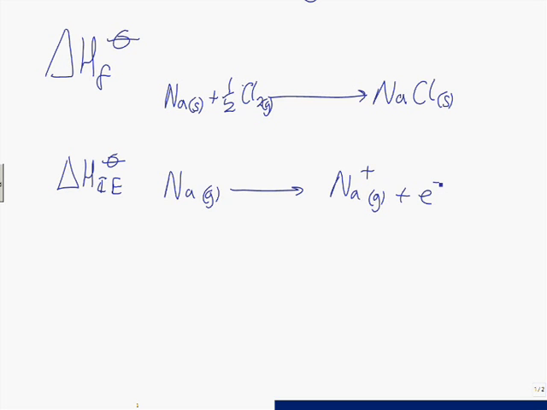The mode of removal of the electron is not necessarily indicated in any way. Of course, we also have the possibility of second ionization energies, where we're removing another electron, and third and fourth ionization energies are also possible. But that's the second ionization energy of sodium.